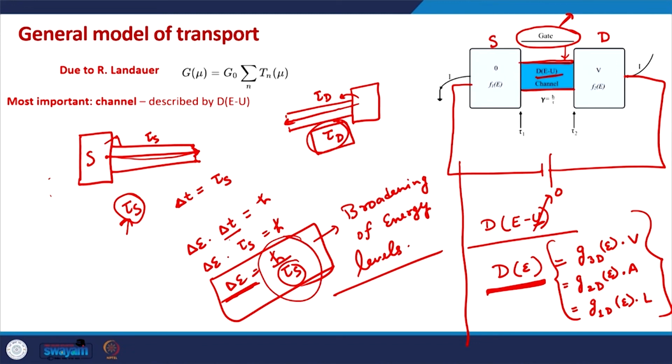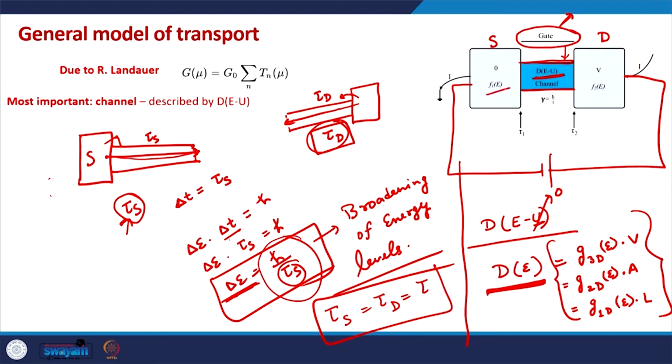If the electron is coming from the source, it is h bar by tau s. If it is coming from the drain, it is h bar by tau d. Generally, the source and the drain are made of the same material, exact replicas of each other, so tau s is equal to tau d is equal to tau. So now we have in a way defined the channel by the density of states.